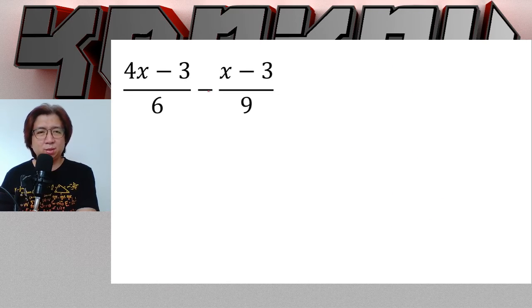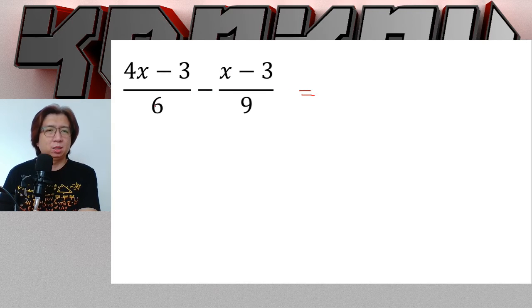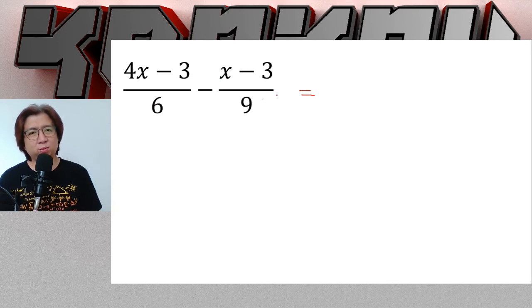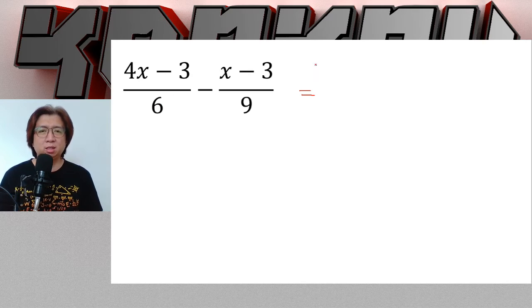4x minus 3 all over 6 minus x minus 3 all over 9. Okay, so we have 6 and 9. So the least common multiple of 6 and 9 is, of course, 18. And to get the denominator of 18, we have to multiply the first term by 3 over 3.